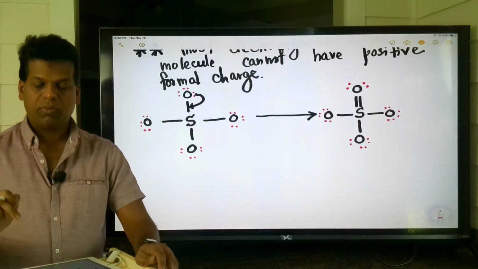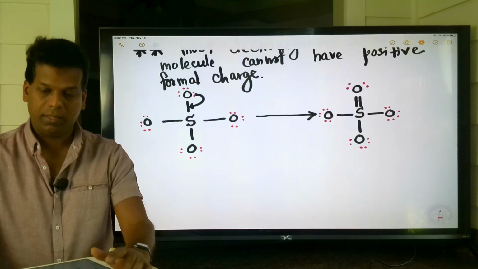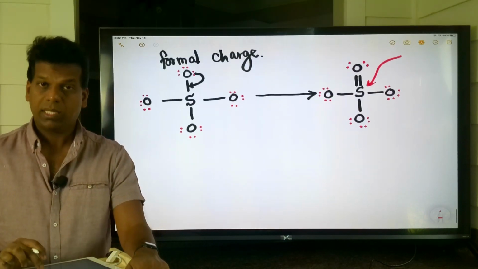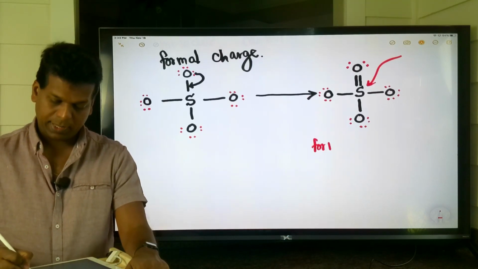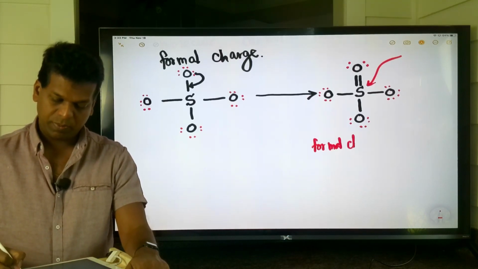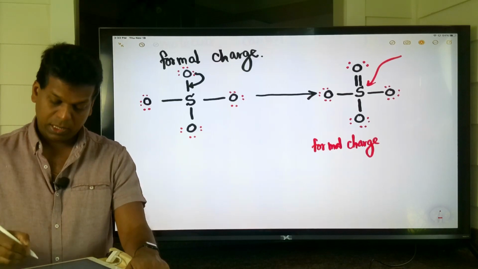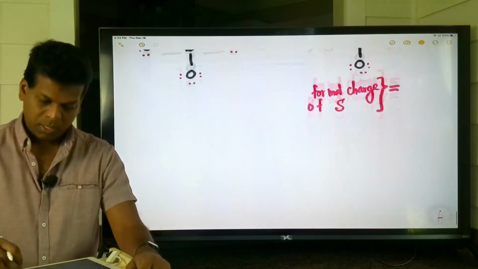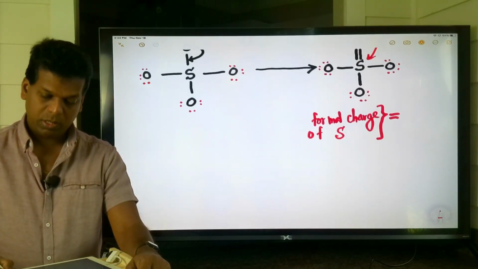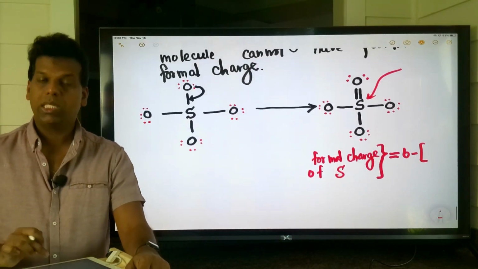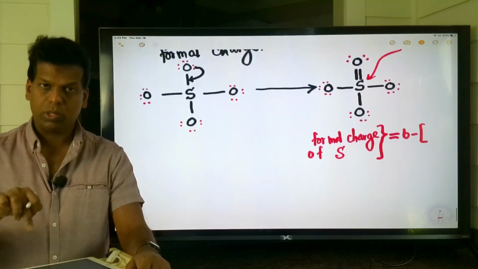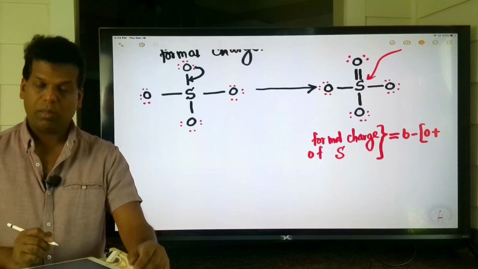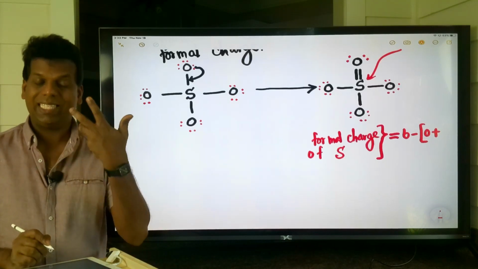If you calculate the formal charge of sulfur again for this new molecule, let's calculate. I'm just putting the numbers into this formula we discussed. So number of valence electrons 6, and we don't see any lone pairs on sulfur, we don't see any dots, so it is 0, plus number of bonding electrons, we need half of that.